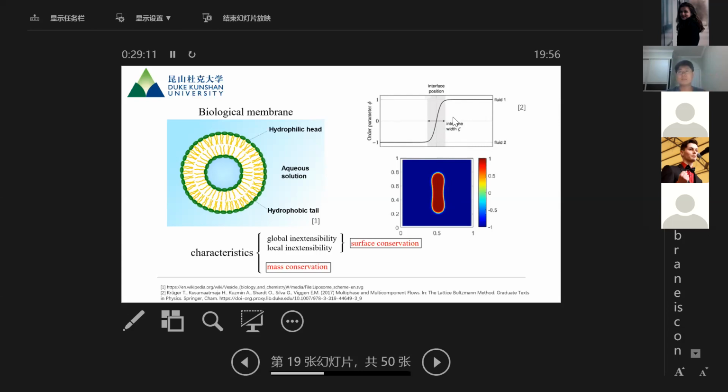This is calculus 101, right? So phi equals 0 represents my interface, or my cell membrane. Then I can track my cell deformation by this label function. This is some basic idea about the phase field method.